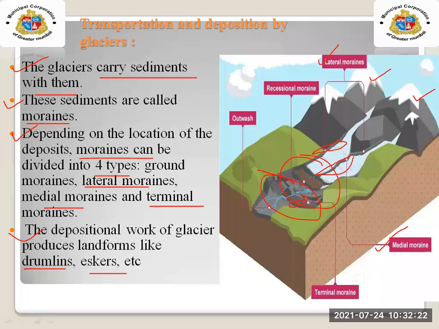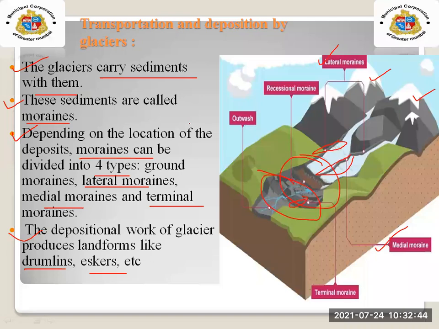Then next is about eskers. Now, what are eskers? We are going to see here. Eskers means narrow, long, winding ridges produced through the deposition of moraines.